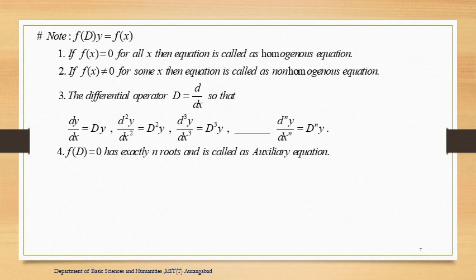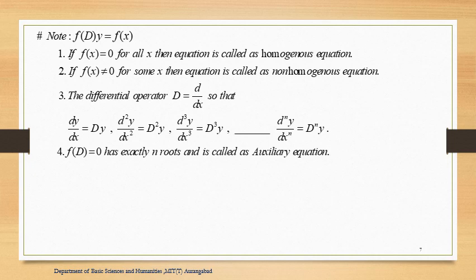So how to find complementary function and particular integral? Finding the complementary function totally depends on the roots of this auxiliary equation. In complementary function, we will study 4 different cases. All these 4 different cases depend on the roots of the auxiliary equation.